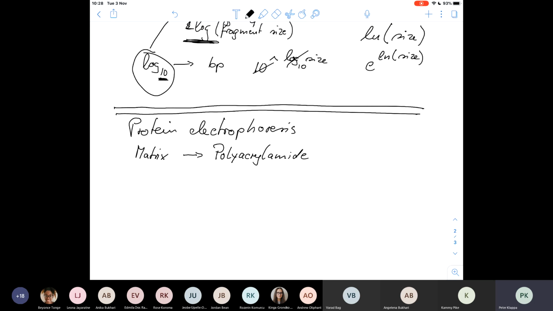So we can't make a general rule. And if we apply an electric field, we have basically three options. It could be positive, it could be negative, or it could be neutral. So the protein could move towards the positive side, or it could move towards the negative side, or it just simply stays put.